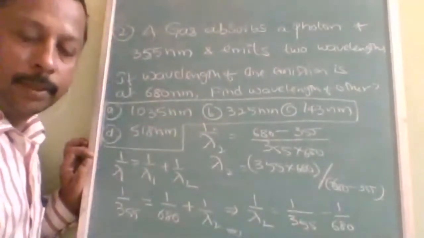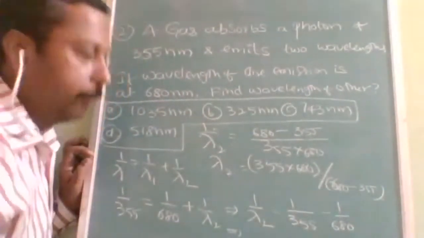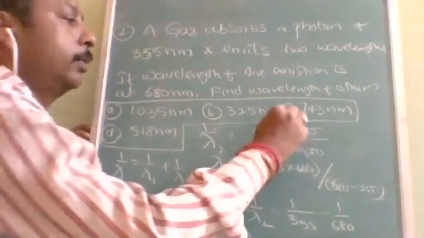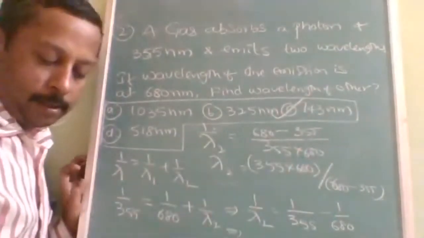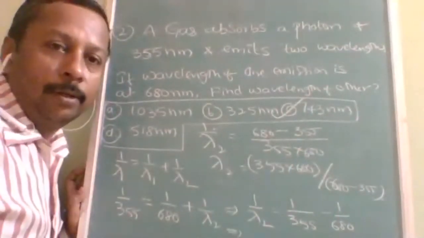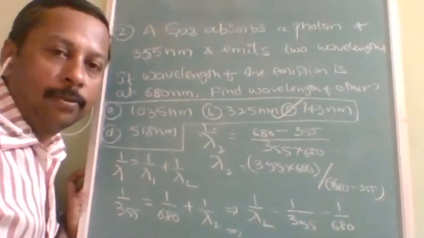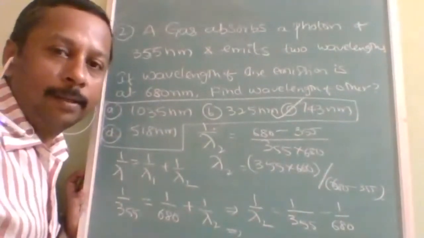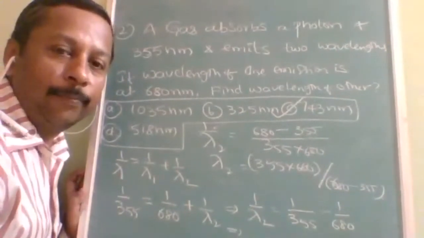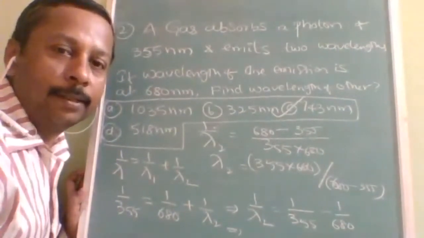Okay, so can you do the simplification? If I'm doing the simplification, I got 743. I think you will also get 743 only. The procedure should be understood, and the calculation you can do at any point of time. Okay, ready for the next?